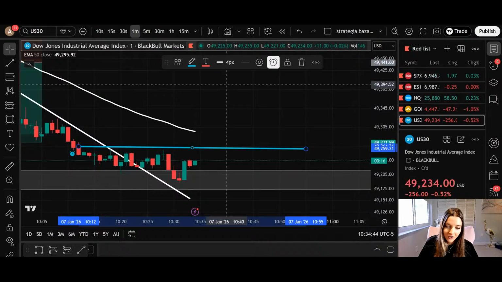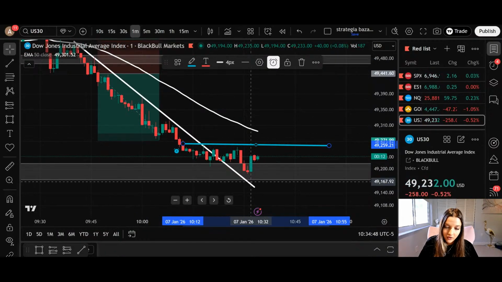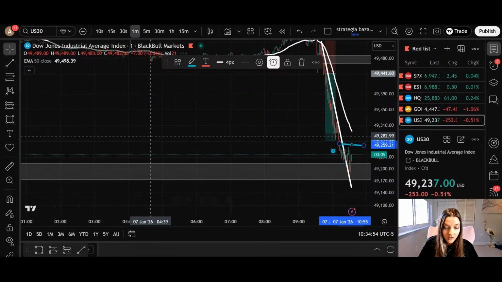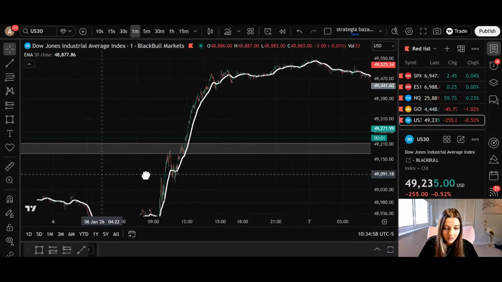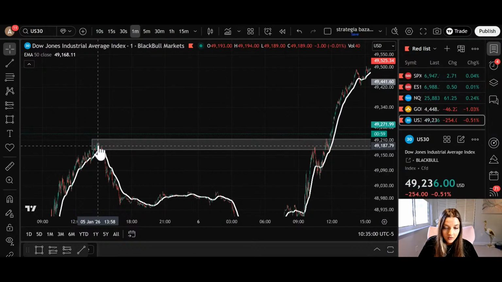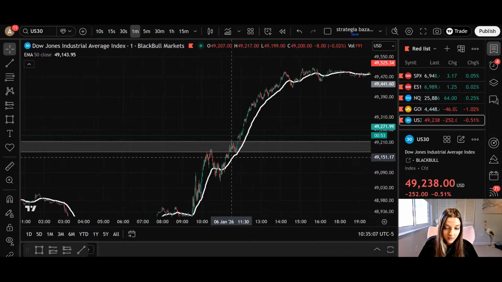But yeah, I'm watching the US 30. You can see. So take a long. I think it tries to retest this area right here, which is from yesterday. No, here. It was a demand down that it became a support.